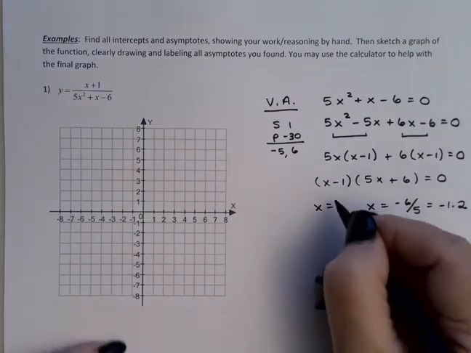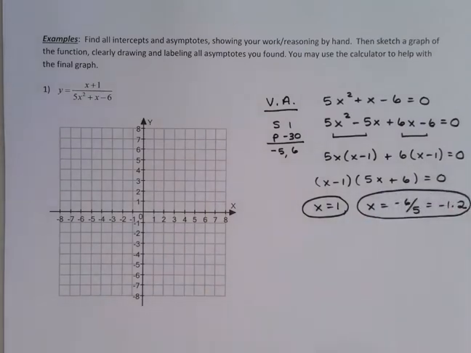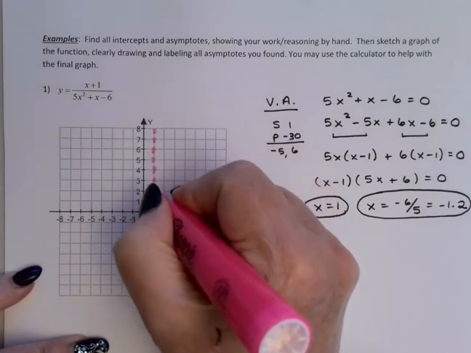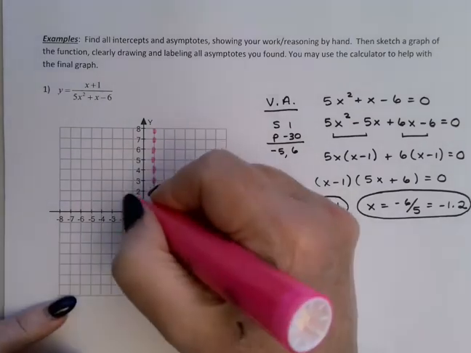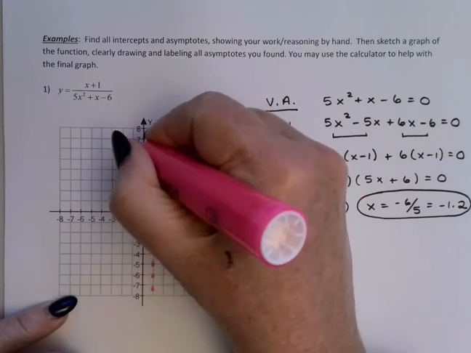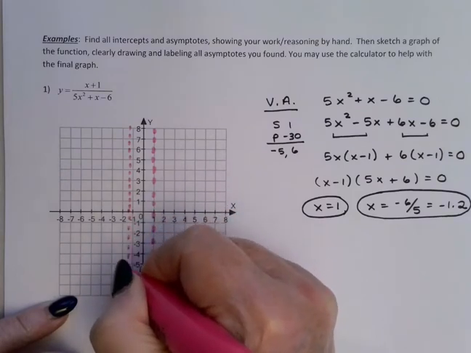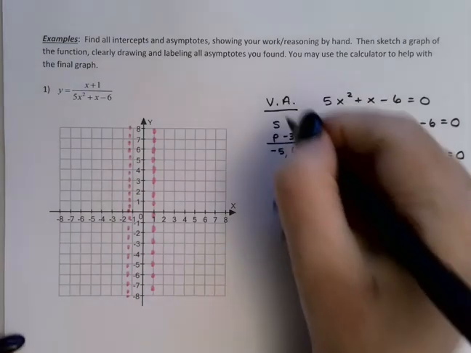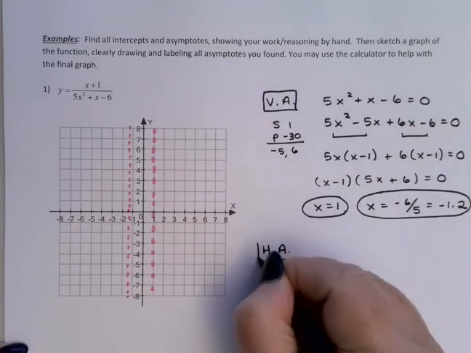So there are my vertical asymptotes: one at x equals 1, and the other one at x equals negative 1.2. So just a little bit past negative 1 here. All right, so those are vertical. What about horizontal asymptotes?